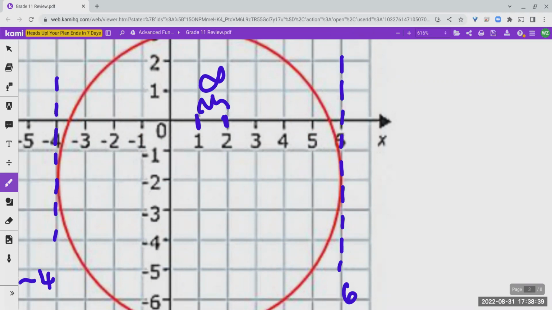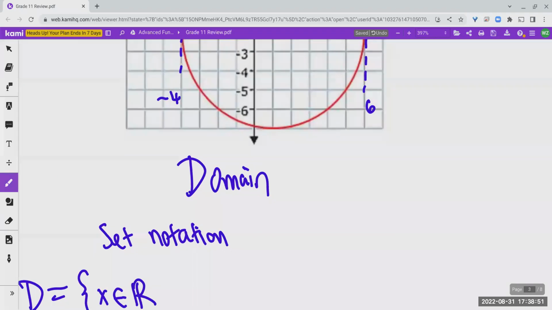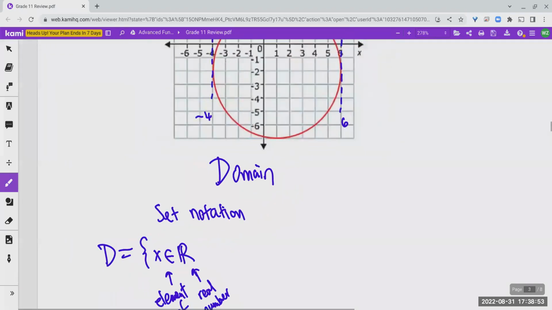There are literally infinite numbers between 1 and 2, and x can be all of them. So that's what we have to mention, that x is an element of the real numbers, telling us that x could be a decimal, could be anything, which means the graph is continuous, okay?